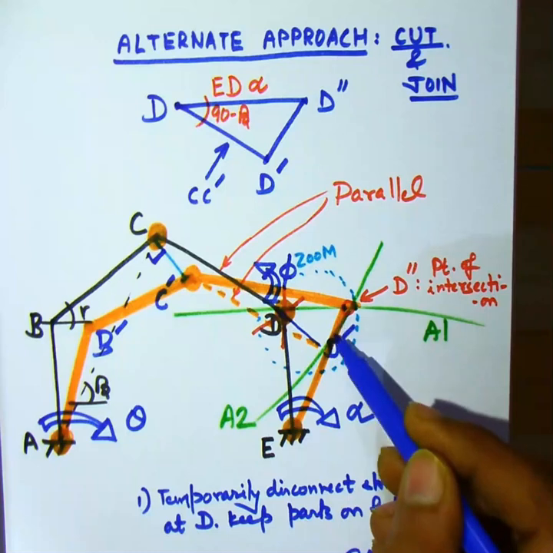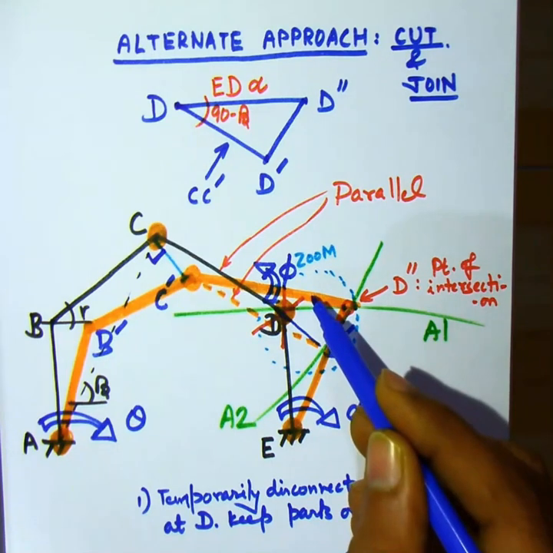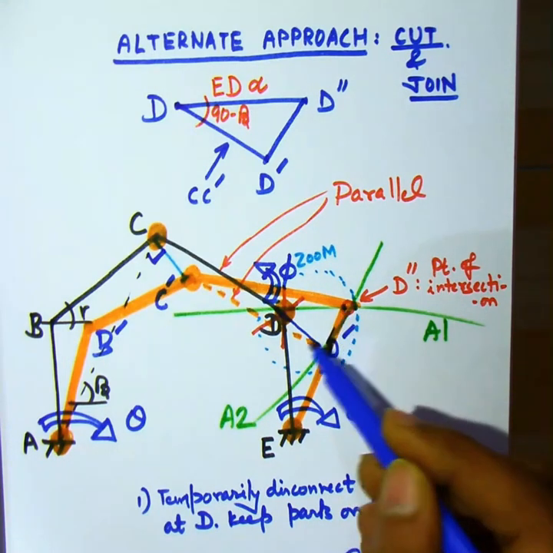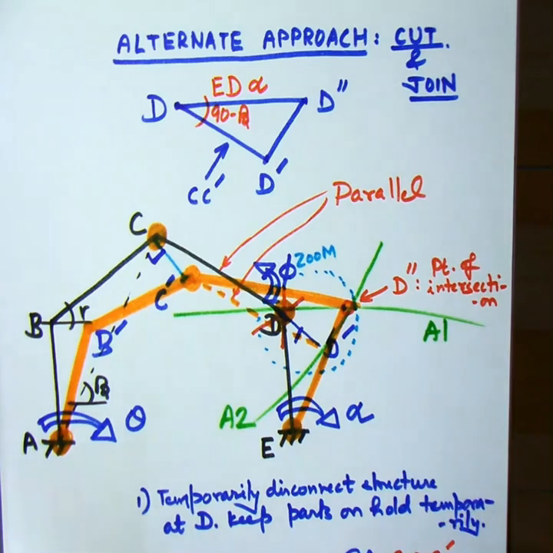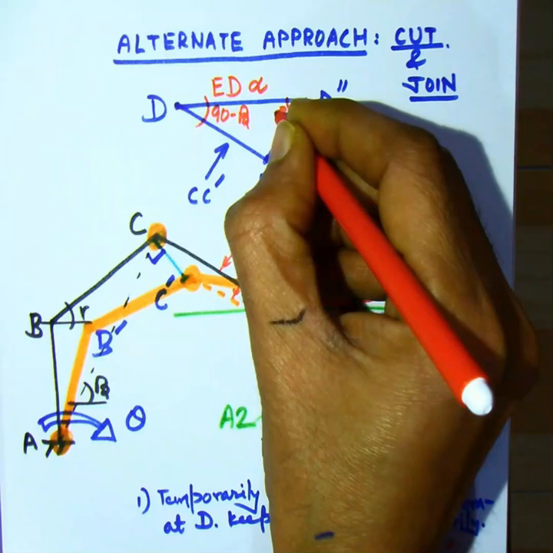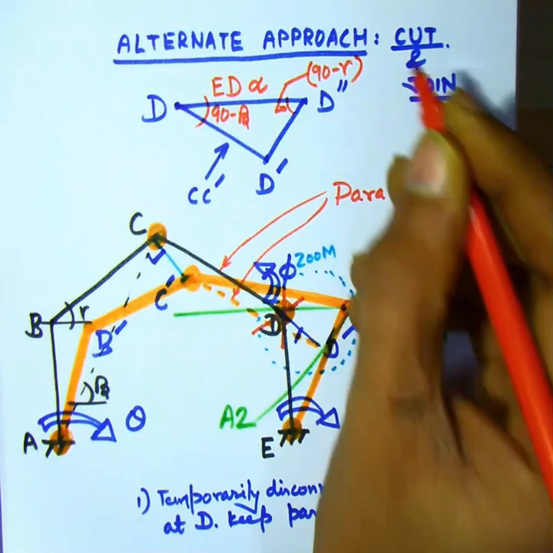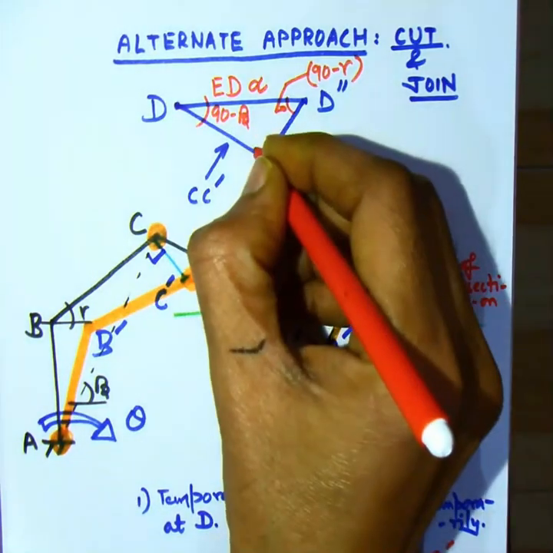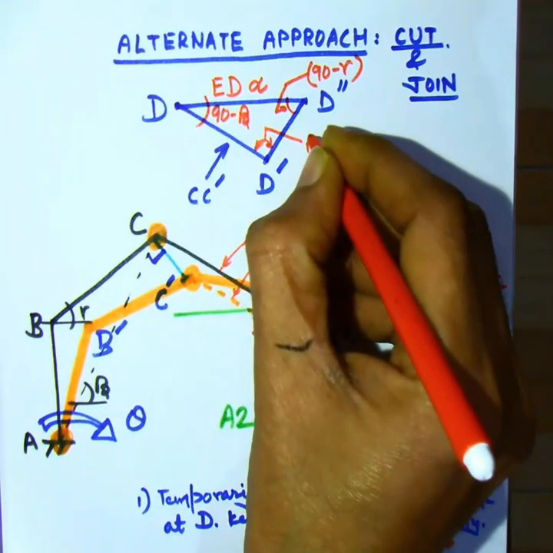Now we see D dash, D double dash. This displacement is part of arc A2, so this must be normal to C dash D dash. C dash D dash is inclined at an angle of gamma, hence the angle made at the vertex D double dash must be 90 minus gamma.